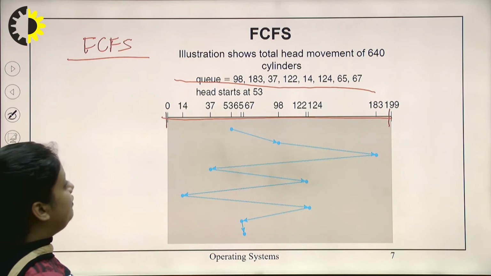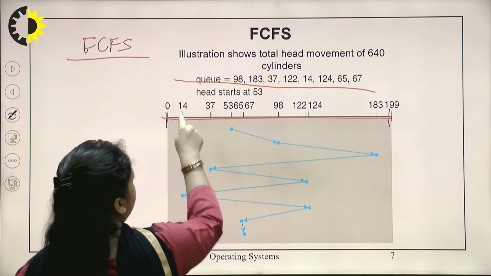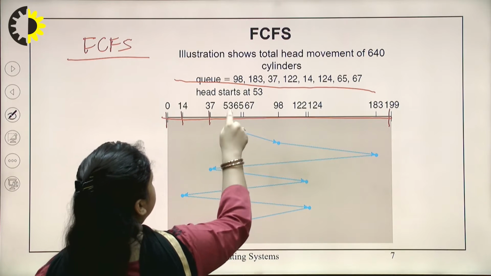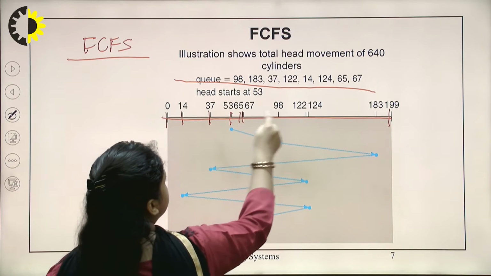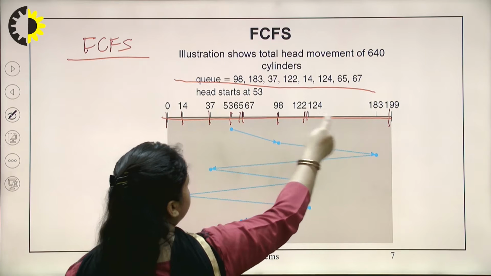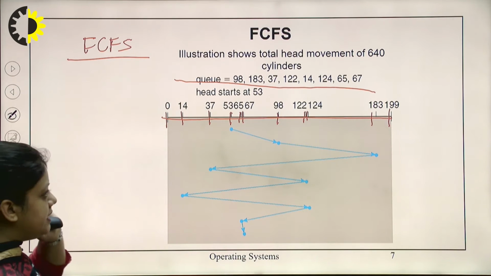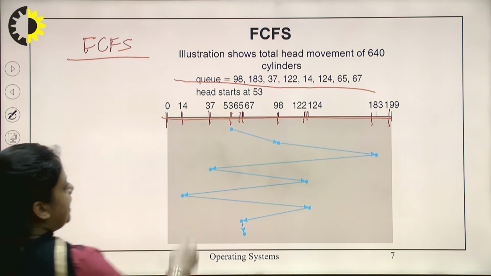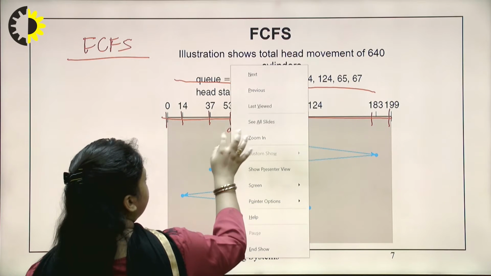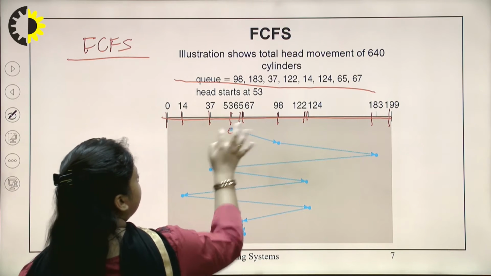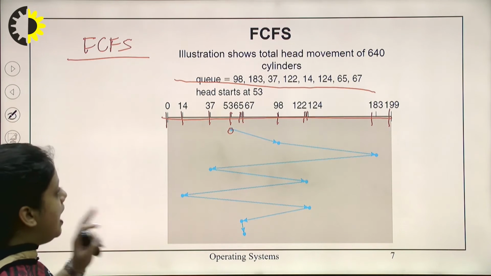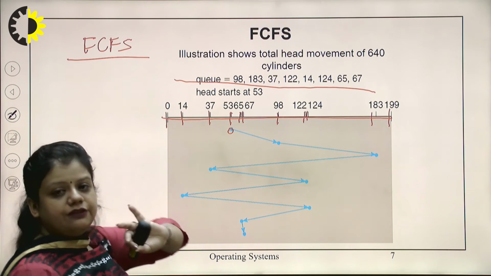Then we have a request at 14, 37, 53, 65, 67, 98, 122, 124, 183. Suppose we have just marked these, and we know that the head is starting at 53. So current position is at 53.